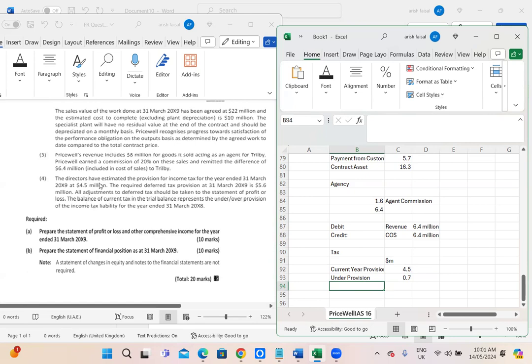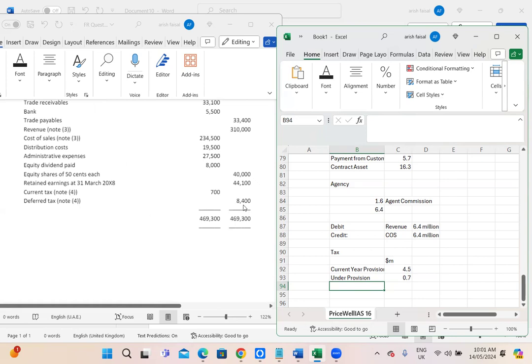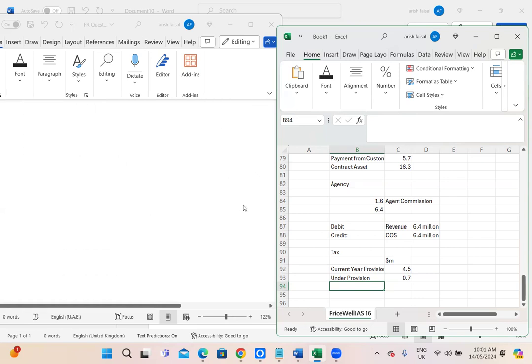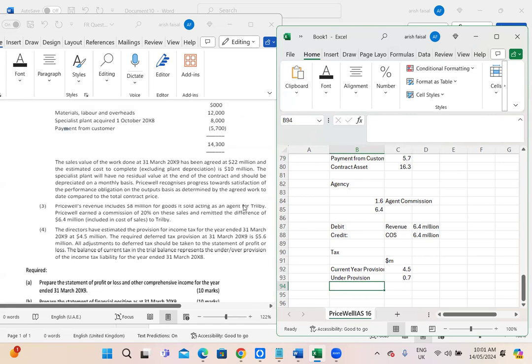And yes, now we can talk about the deferred tax. It says the required deferred tax provision by the end of the year is 5.6 million. If you look in the trial balance, it's 8.4. So from 8.4, it's coming down to 5.6, which is actually a decrease, right? So in case it's a decrease, it will reduce the expense.